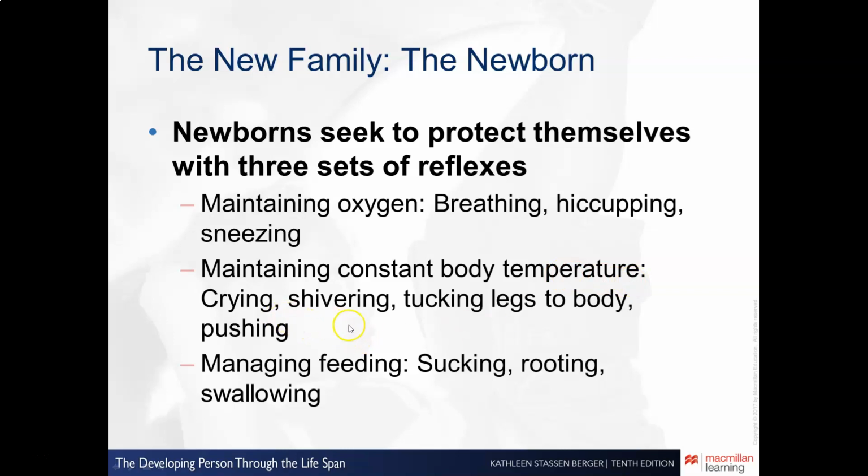Things like crying, shivering, tucking legs to the body, and pushing are all a result of striving to maintain a regular, constant body temperature. Finally, the last reflex is feeding, and that can be sucking, rooting, swallowing. Those three reflexes are extremely important functions for the baby to protect themselves.